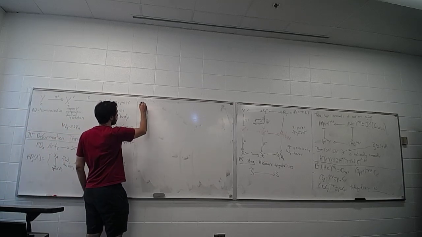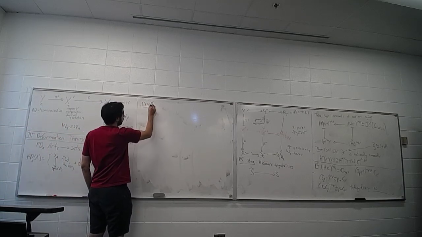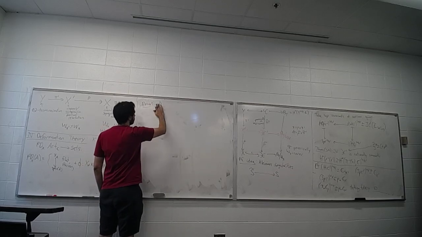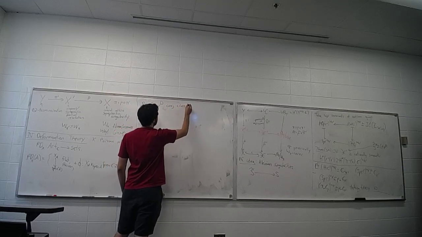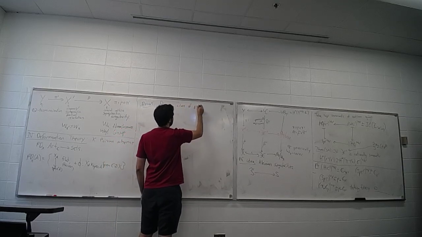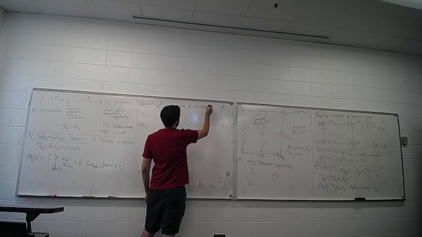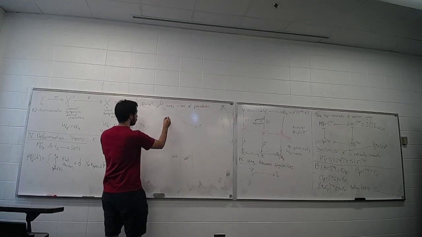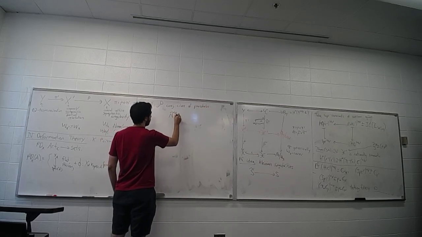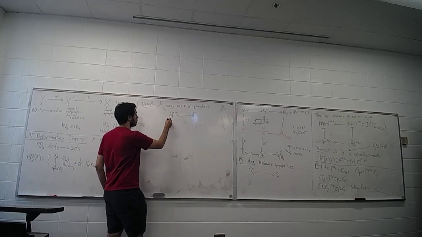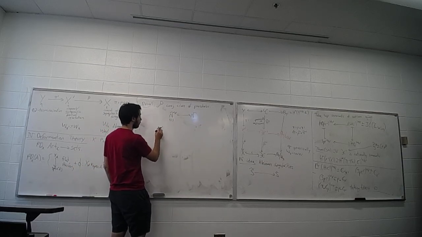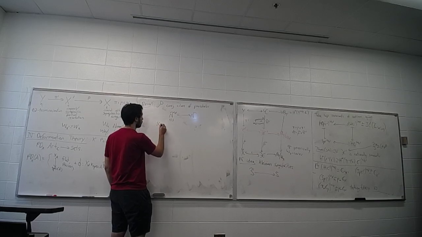So recall, let curly P be a conjugacy class of parabolics. So then we get a partial resolution from the cotangent bundle of G/P to the nilpotent cone. Let me say exactly what this is.